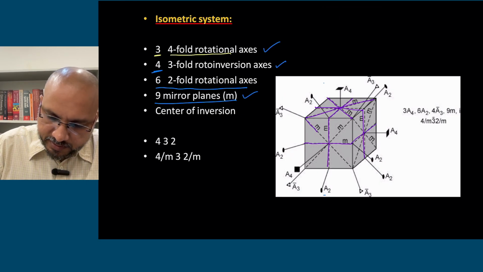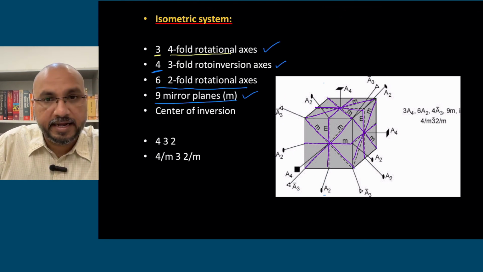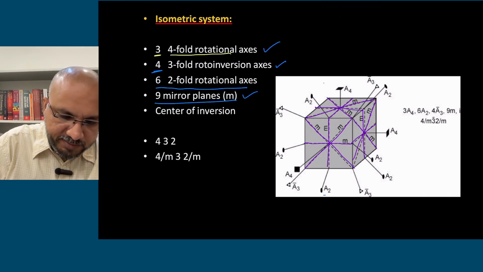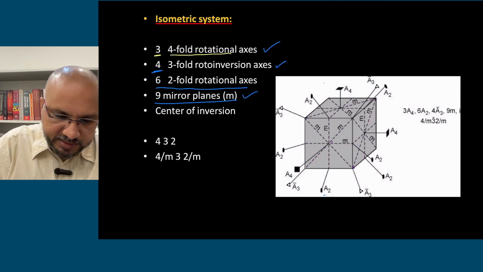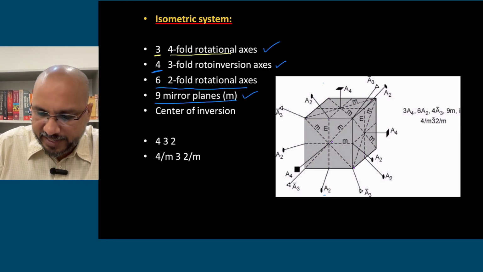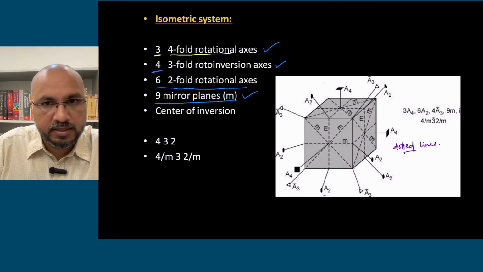Sixth one is this plane. Seventh one is this, right? Eighth and ninth. There are 9 mirror planes in total. The isometric system has the most mirror planes. The dotted lines represent the mirror planes. So total 9 mirror planes are there.